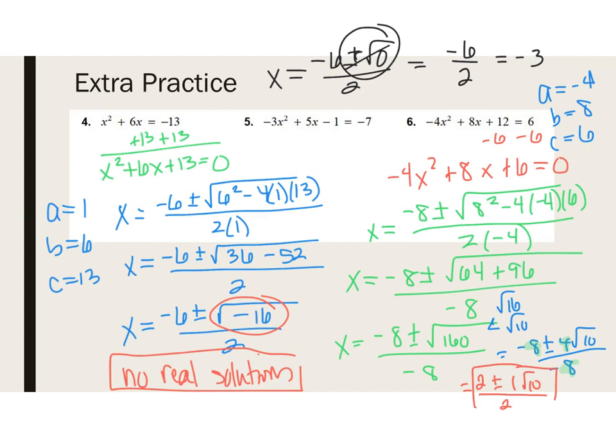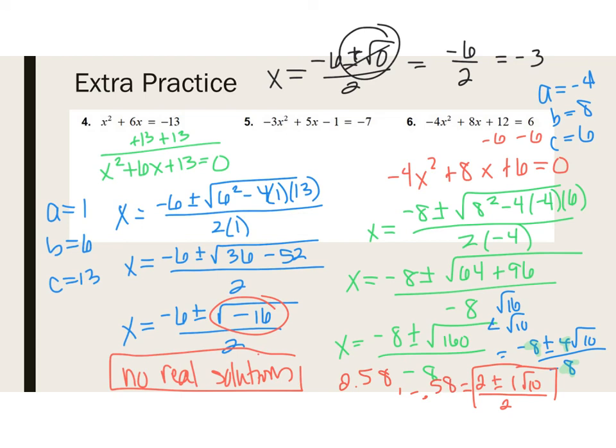So if I do that, I get 2.58. And then you're going to do 2 minus the square root of 10, and then divide that by 2, and that's going to leave you with a negative 0.58. So you're going to just put both cases in the calculator when you're done.